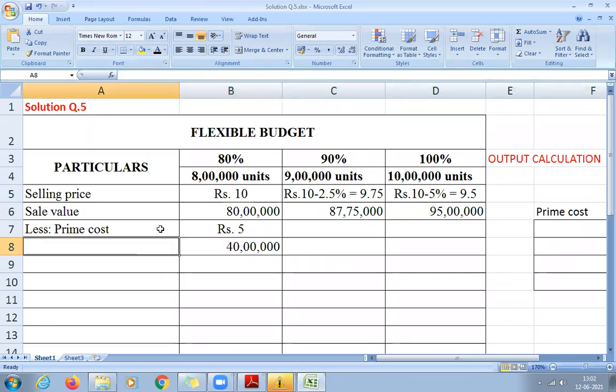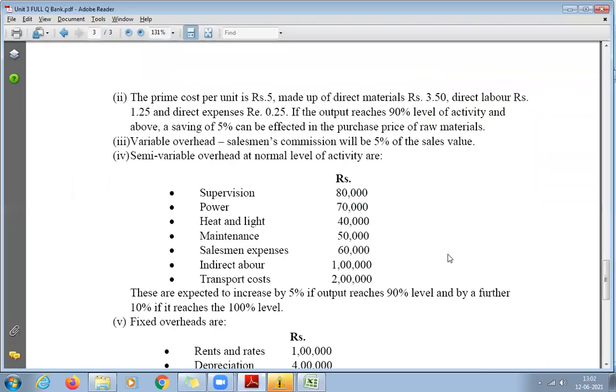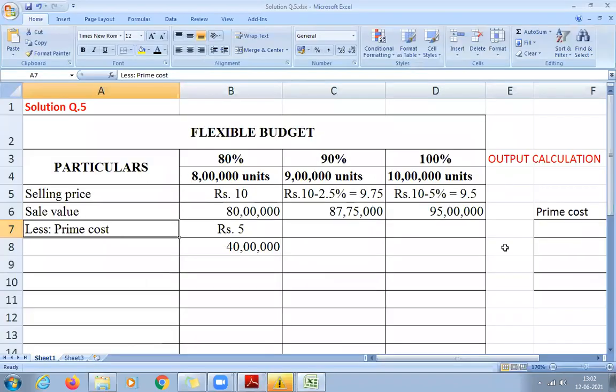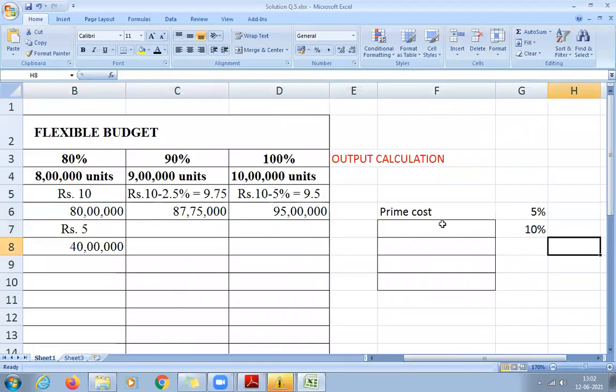Next, for 90% and 100%, he says if the output reaches 90% level of activity and above, that includes 100% also, a saving of 5% can be effected in the purchase price of raw material. Let me show it in the working note.